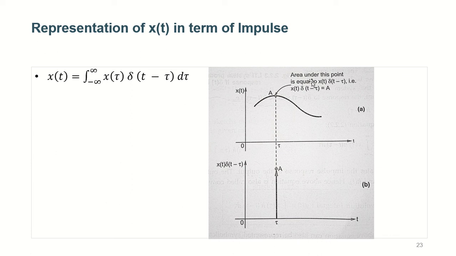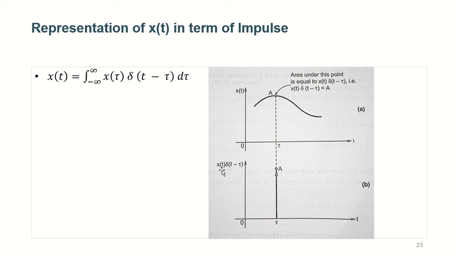Here, on the x-axis we have time, on the y-axis I have x of t, my signal, and this point A I am representing as an impulse at tau. Okay, and when I do it, here I write x of t delta t minus tau, because it is an impulse, right?